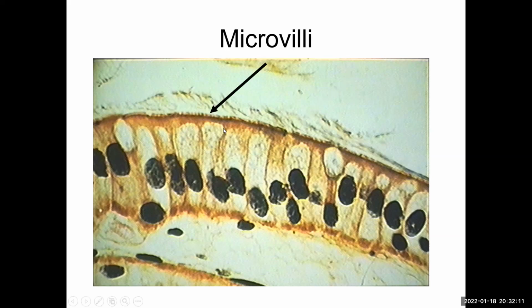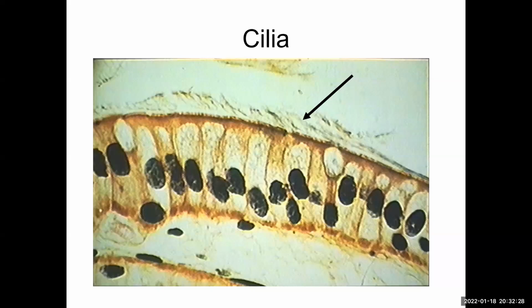So the microvilli make up this little fuzzy border here. Remember the brush border that goes all the way over here. And then these long projections all here and here and here and here and here, we've labeled that as cilia. So just be careful when you're taking your exam. Look at the arrow. If the arrow is located closer to the cells, that's the microvilli.